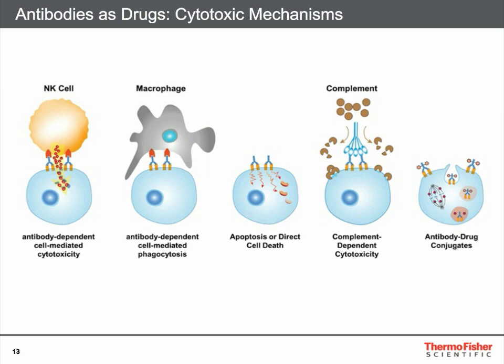So when we're looking at different mechanisms of cell killing via antibodies, this takes many forms, and a few of the key methods here include ADCC, or Antibody-Dependent Cell-Mediated Cytotoxicity, where an antibody is able to recruit a killer cell to kill our target tumor cell, or to recruit a macrophage via antibody-mediated phagocytosis, direct induction of cell death following antibody binding, recruitment of the complement system to initiate complement-dependent cytotoxicity, and also a unique form of antibody in which a cytotoxic drug is conjugated to form an antibody-drug conjugate.